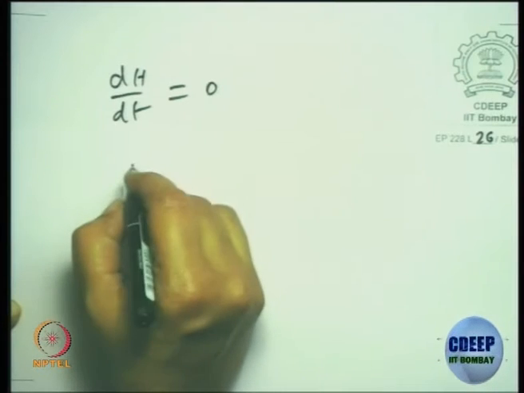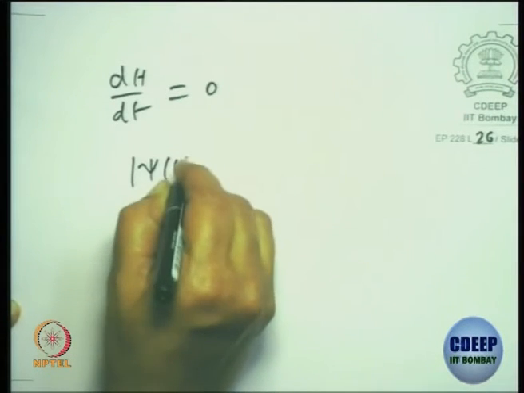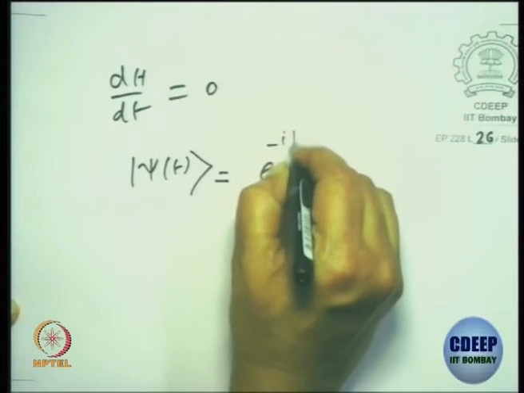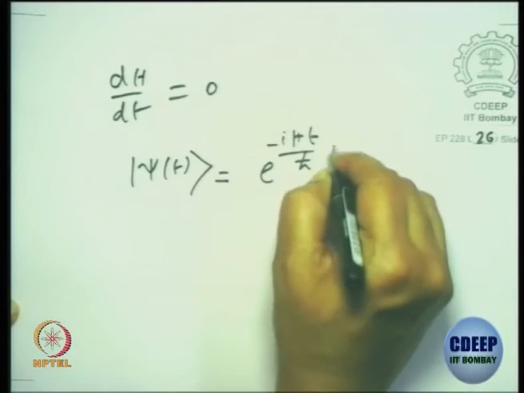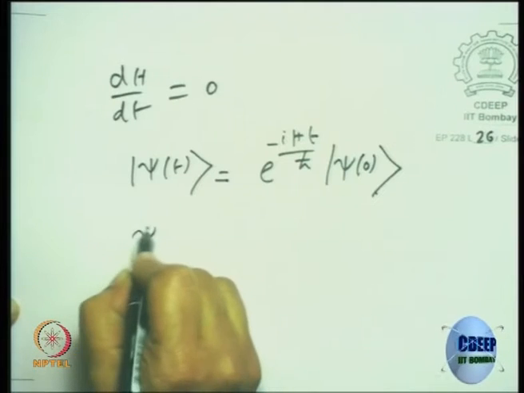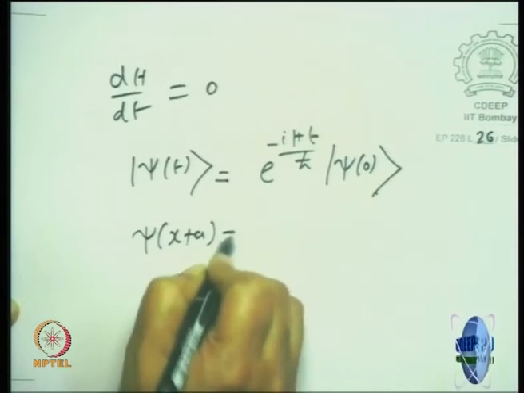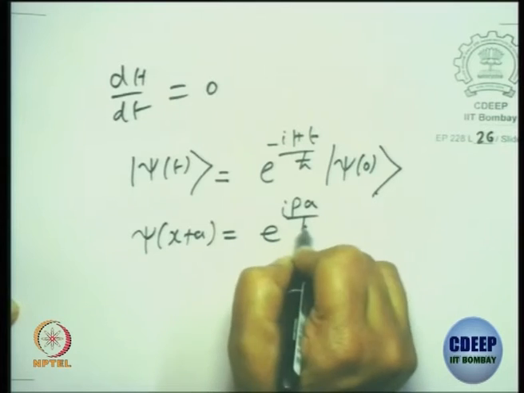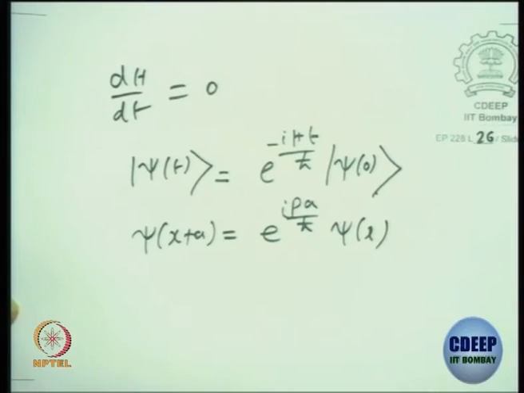Equivalently, the function psi of t, we write this as e to the minus iHt over h cross on psi of 0. So similar to what I was trying to say, x plus a is e to the i p a by h cross on psi of x.